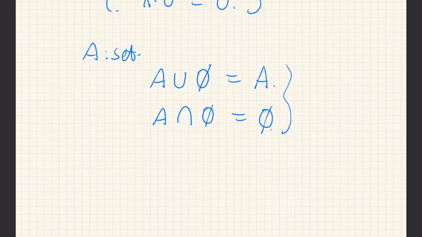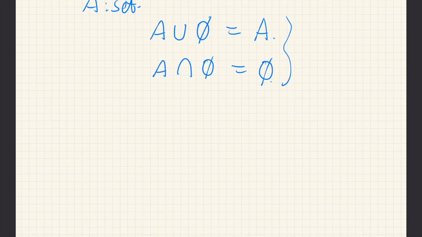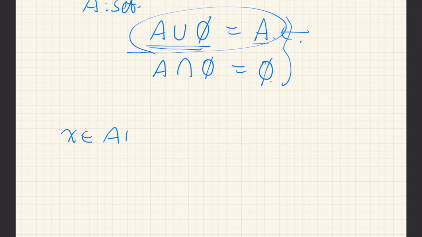Anyway, let's prove this lemma. First consider this one, and again, we want to prove the equality between two sets. So first start from here. Suppose x is an element of A ∪ ∅. Then this means x belongs to A or x belongs to the empty set.